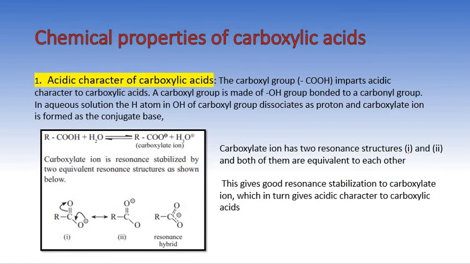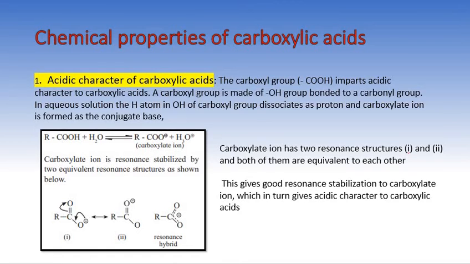Now, chemical properties of carboxylic acid. Carboxylic acid has acidic character, and this acidic character is due to the presence of the OH group bonded to the carbonyl group. In aqueous medium, the hydrogen atom of the OH group comes out in solution as a proton.